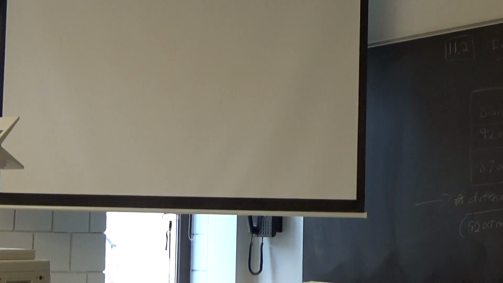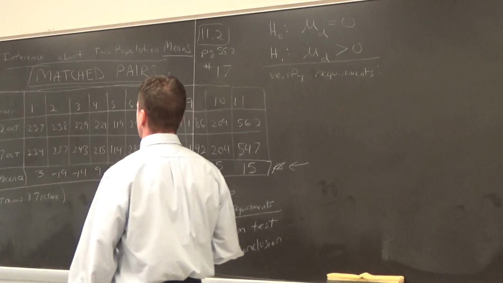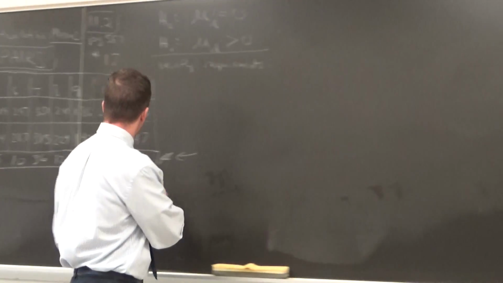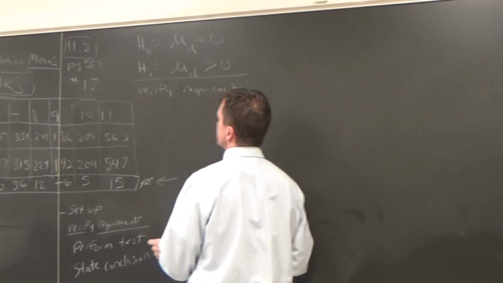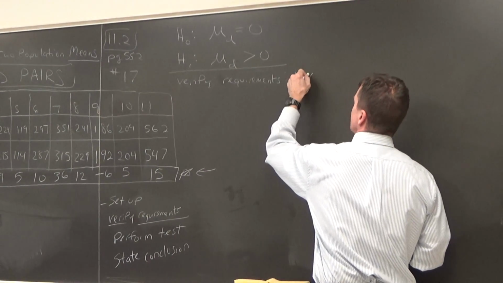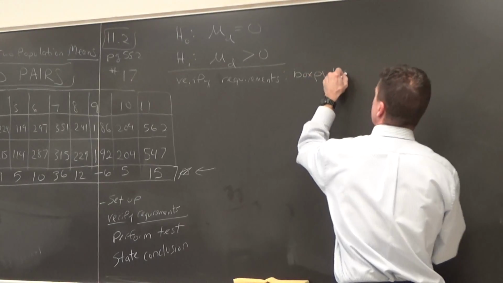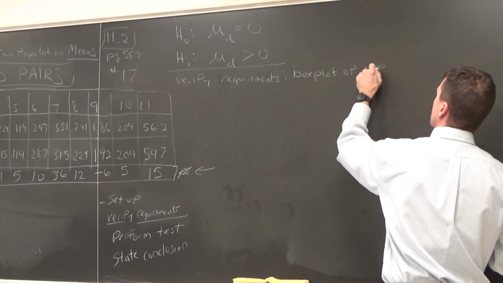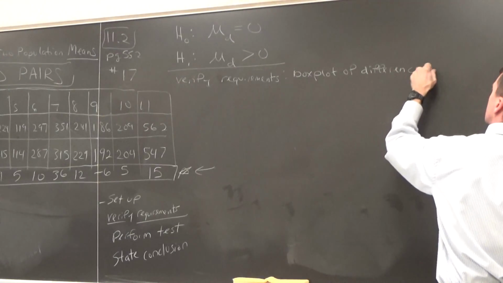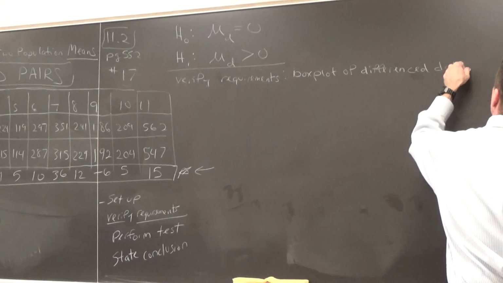And when we're going to perform the test now, we'll do a couple more too. Super job with this. So we're only focusing on the what? The differences, right? So all we're looking at is these. So verify requirements, yep, box plot of difference data has no outliers.